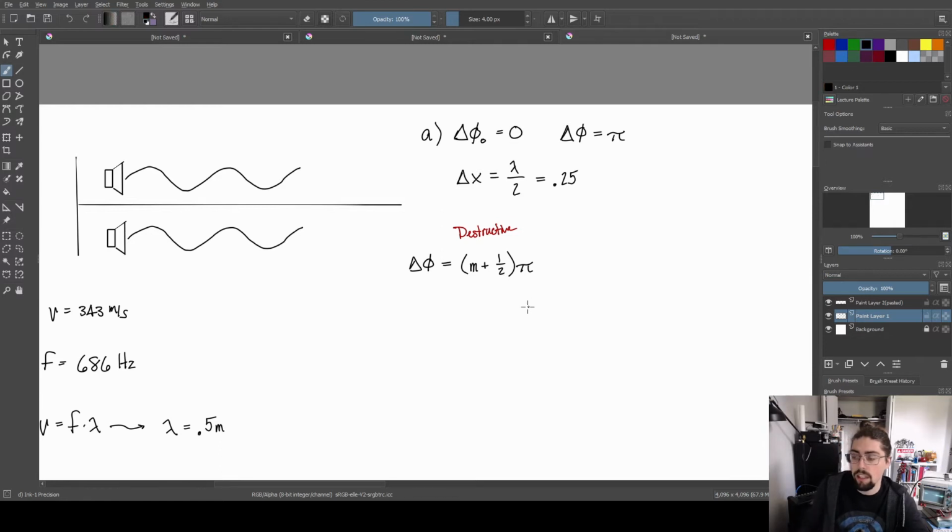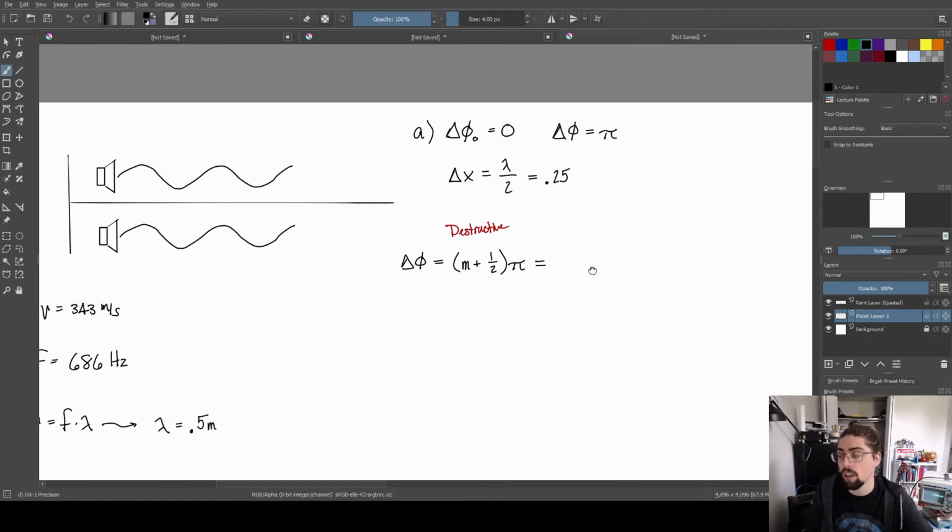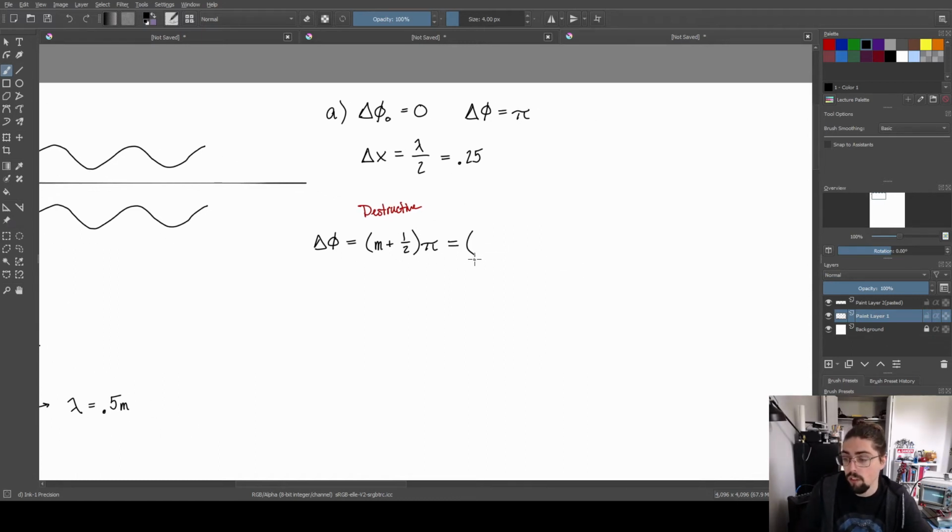Do it in red so it's really intense. Now, let's actually plug in the actual phase difference. How do we actually calculate the phase difference for many of these things? Well, I would take the phase of speaker 2 minus the phase of speaker 1, and now we can start canceling some of these details out, right?